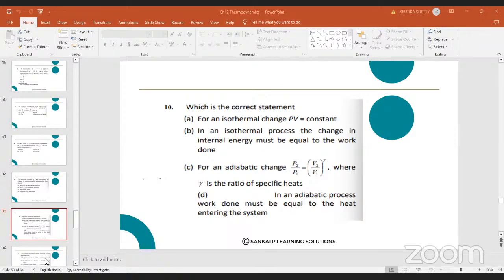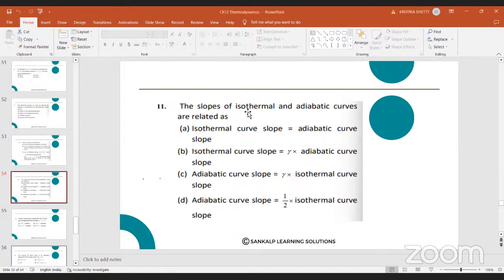Okay. So the last question is that the slopes of isothermal and adiabatic curves are related as: isothermal curve slope is equal to adiabatic curve slope; isothermal curve slope is equal to gamma into adiabatic curve slope; adiabatic curve slope is equal to gamma into isothermal curve slope; adiabatic curve slope is equal to 1 by 2 isothermal curve slope.